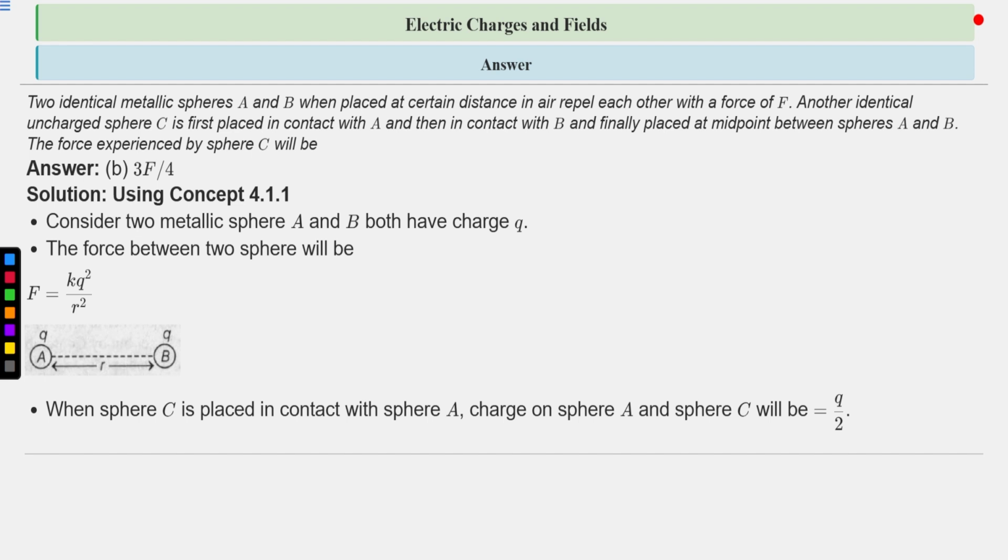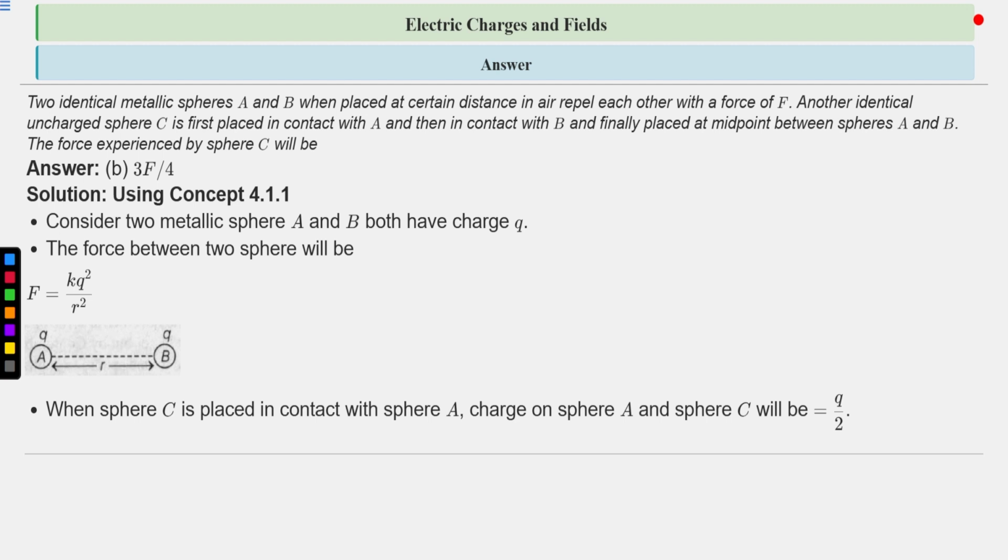Now, when sphere C is placed in contact with A, we know that when any uncharged conductor is placed in contact with any charged conductor, a metallic sphere, the charge will transfer to the uncharged conductor.